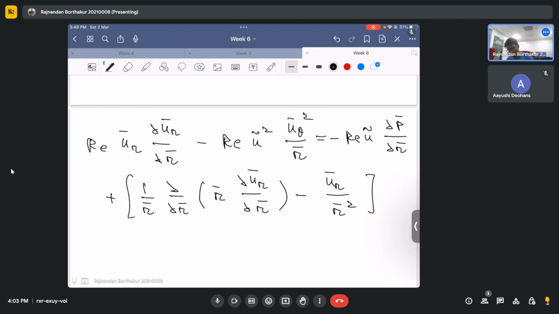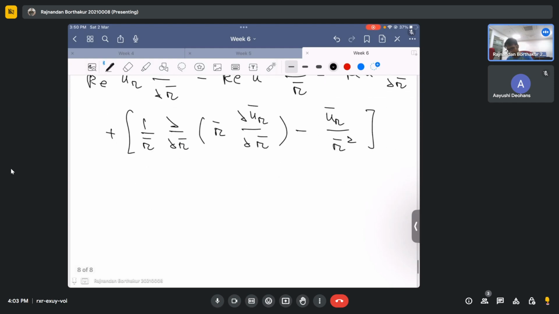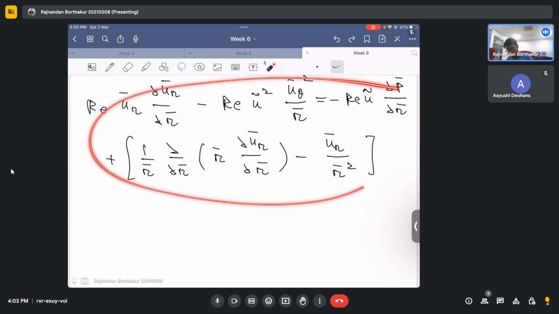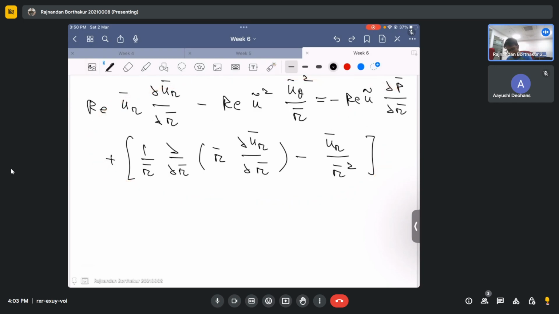So if I just divide it by the Reynolds number, we will just get this term basically. What I will do is divide this entire equation by the Reynolds number, which means we'll not have this Re here, not here, not here, and we will have a 1 by Re factor coming in here.